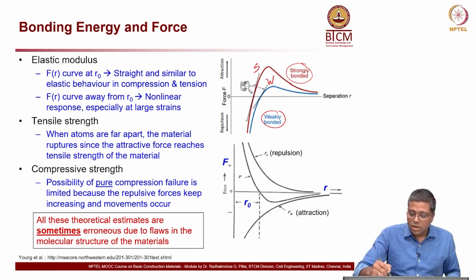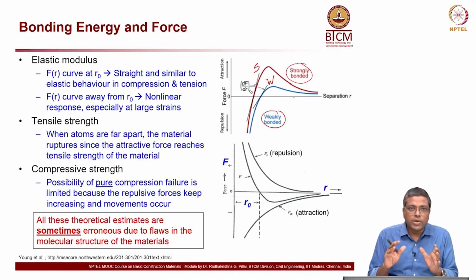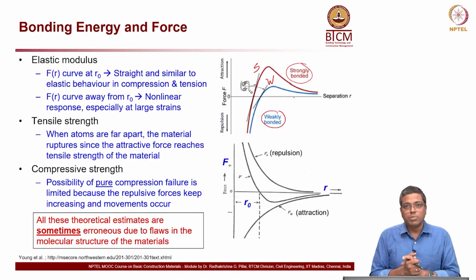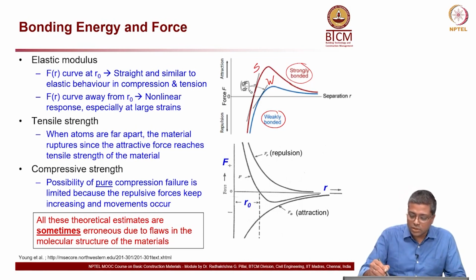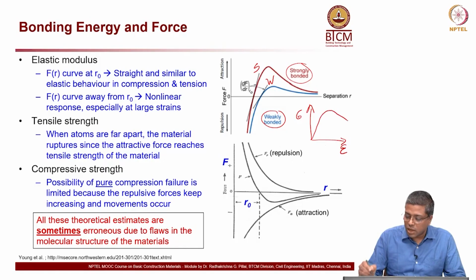This curve is also very similar to stress-strain behavior. For a typical metal or any material, if I draw strain and stress here, you might expect some material having this kind of behavior. This is the region we are talking about, the linear region.